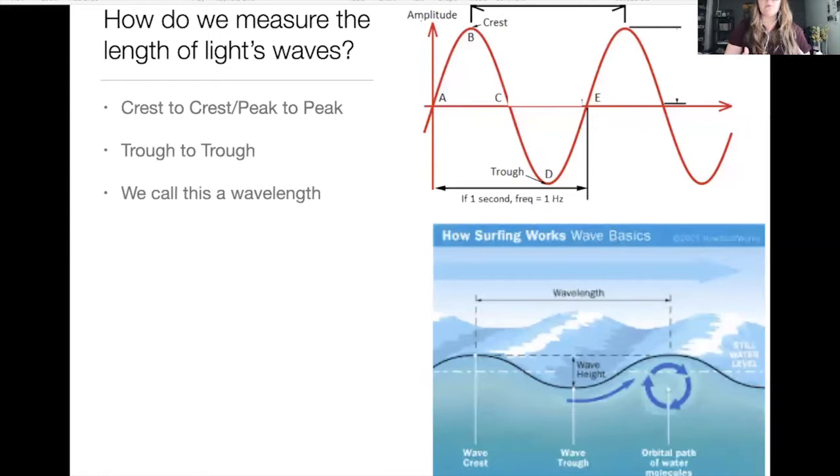But first, what is this wave motion that I'm talking about? So waves are this motion. It goes up and down, and you can see this with water. That's why I included this image in the bottom right of water and how surfing works. It's wave basics.